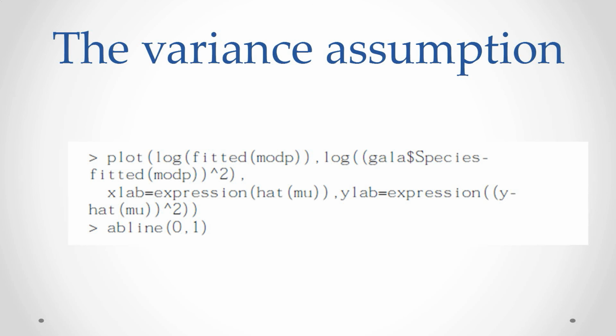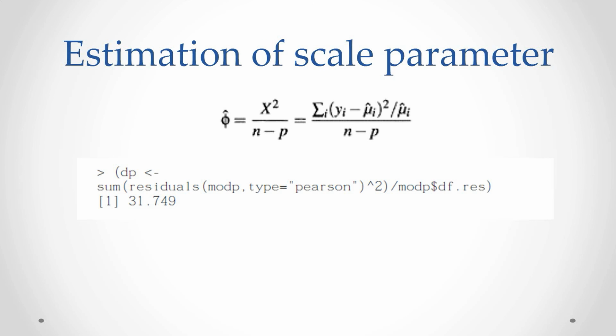So it appears that a reasonable assumption for the data is that the variance is equal to some constant phi times the mean. We next would wish to get an estimate of phi, and this can be done as phi hat equal to chi squared divided by n minus p, where chi squared denotes the Pearsonian sum of residuals.